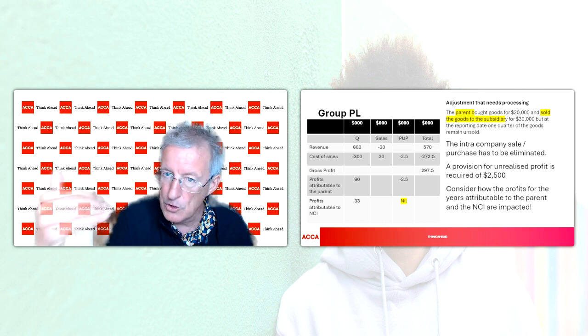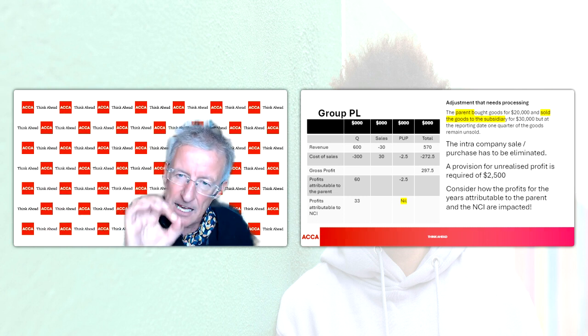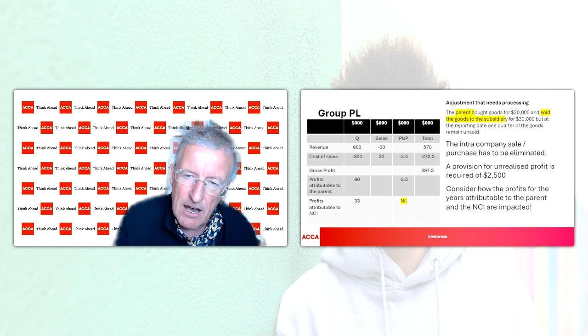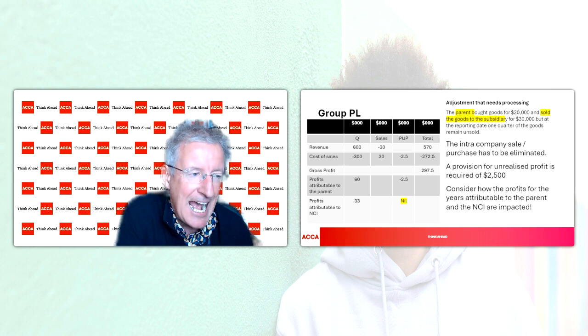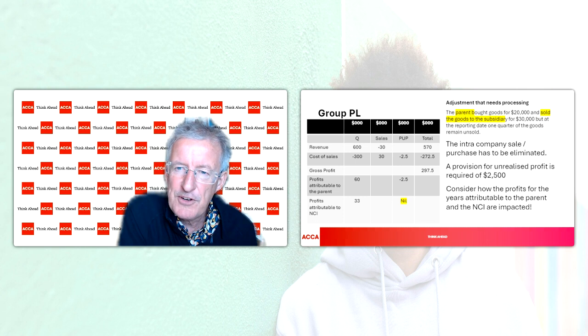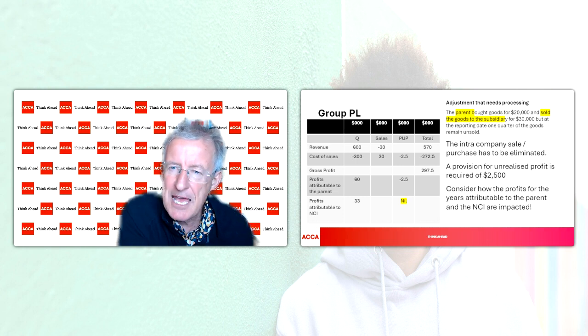That's to do with goodwill impairment. Here, the provision for unrealized profit is to do with whether or not we adjust the NCI. Whether or not we adjust the NCI for the PUP depends on whether the sub is the seller, and the sub is not the seller. So this is an adjustment which you can think of as going through the parent company's books.